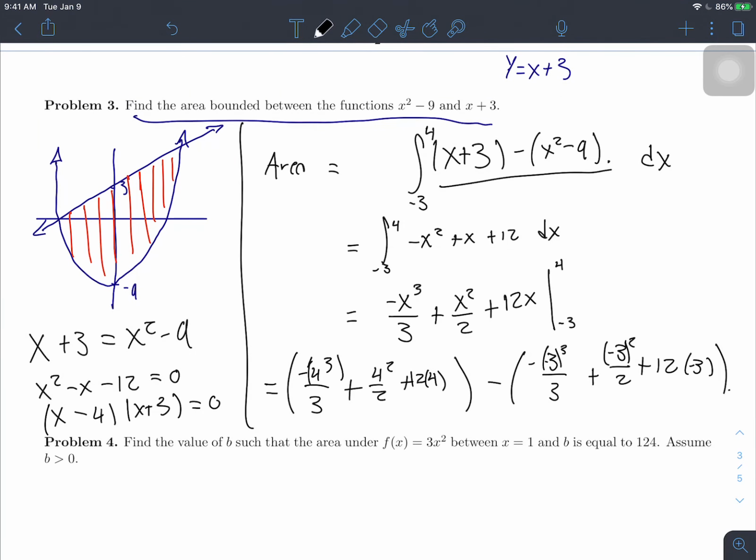And if you really want, you can multiply all that stuff out and get your final answer.